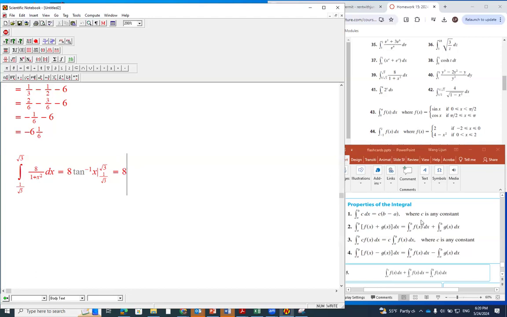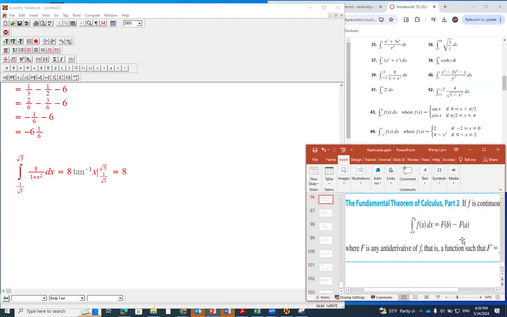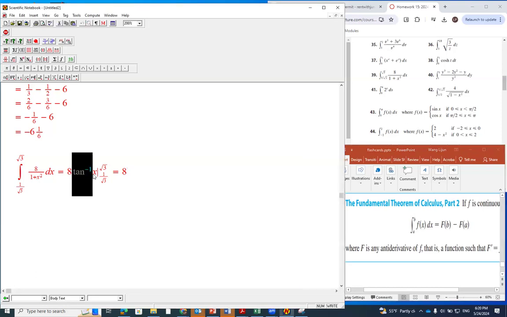Okay, so we're going to apply the fundamental theorem of calculus right here. Capital F of B subtracting capital F of A. So our capital F is arctangent, right? So we're going to take this piece, put it in the bracket if you want. The parentheses work too.